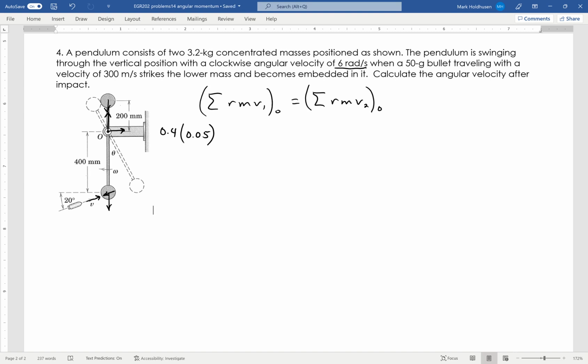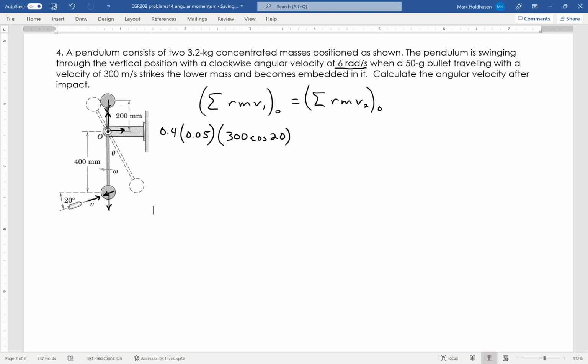And then its velocity is going to be 300, and again, I need that perpendicular velocity to find the R cross MV. So I've got a vertical R, I need the horizontal V, and I get 300 cosine of 20. Okay, and that's going to be creating a counterclockwise positive momentum.